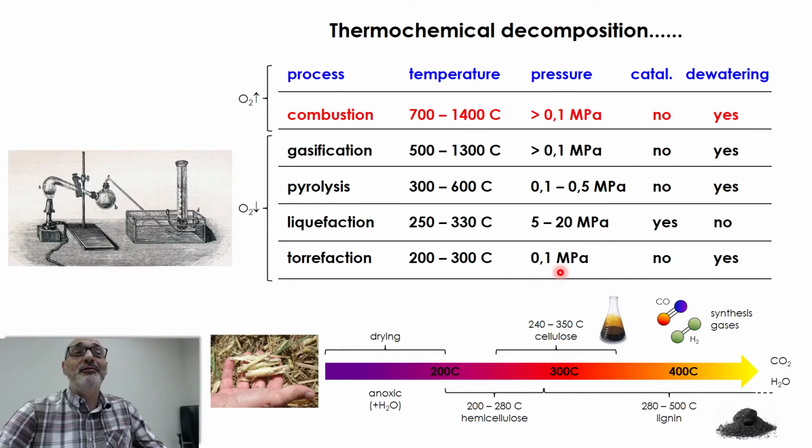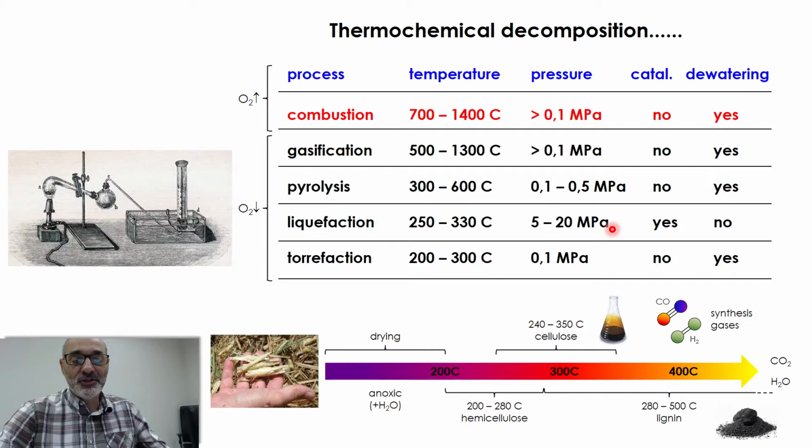You get roasted, or torrefied, coffee beans, which you can grind and make a very good coffee. Other types of reaction: gasification, for instance, occurs between 500 and 1300 degrees, at low pressures. Pyrolysis between 300 and 600, and liquefaction.